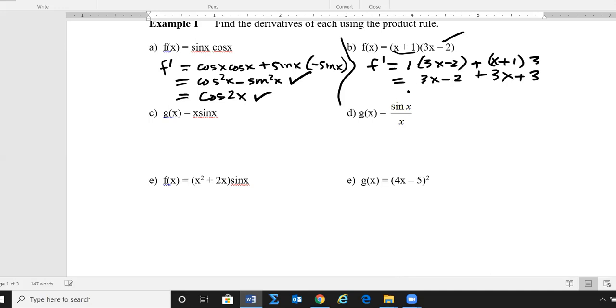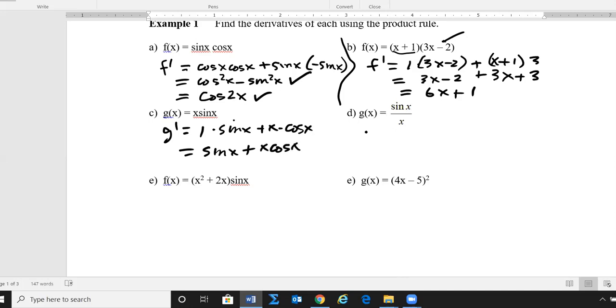Not always, but if you can, you should. So that didn't take much to write: 6x plus 1. Next one, we have x times the sine of x. G prime would be 1 times the sine of x plus x times the cosine of x. And there's really not much you can do with that. Just write it this way.